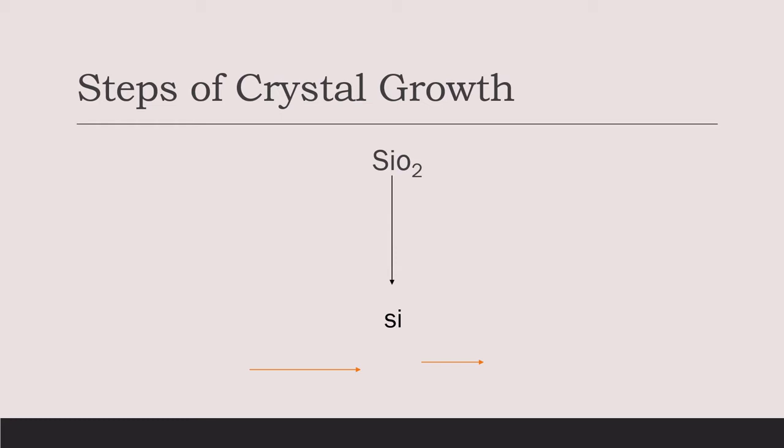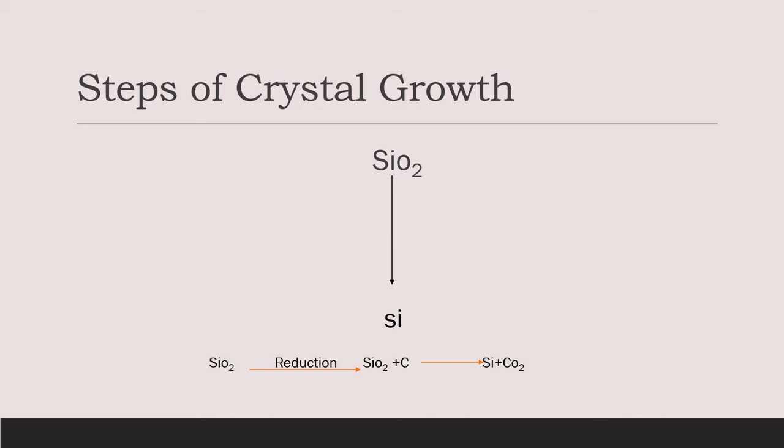Second step, this naturally grown silicon material will be polycrystalline. Then you have to melt it down and solidify it to grow the crystal in a controlled ambient temperature so that you get a proper silicon crystal orientation.